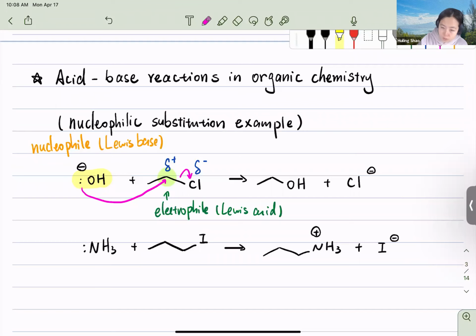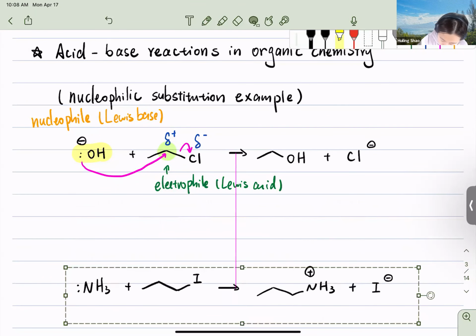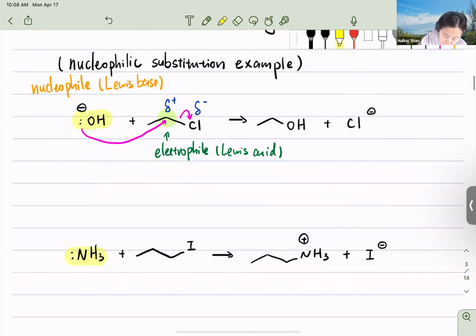So this is just one example. In this example, we have an anionic nucleophile and we have a neutral electrophile. Alternatively, you could also have a neutral nucleophile like NH3. So this is our nucleophile, or the electron pair donor, or Lewis base, sorry.